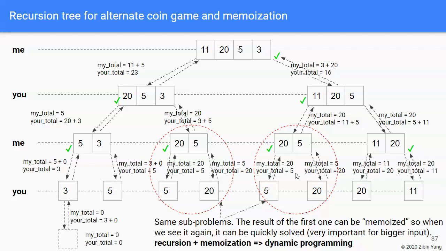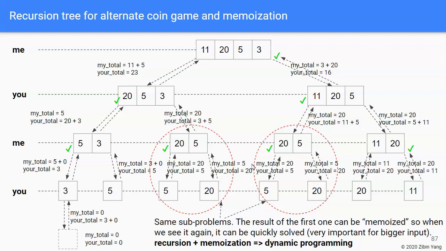So when there are common subproblems, what we could potentially do is, when we see the subproblem the first time, remember the result, so that when we see the same subproblem again, we can just return the result quickly without having to do the recursion again.